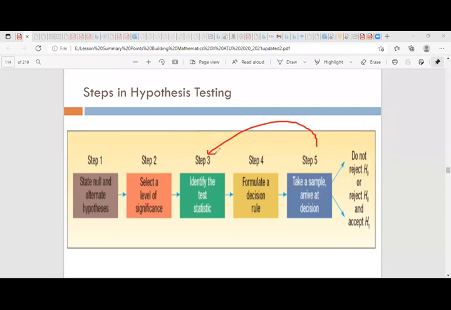You'll see us working on the two together, just after identifying the test statistic. We use the information on the sample to calculate the value of the test statistic. Then we formulate the decision rule to arrive at a decision. So let's continue.